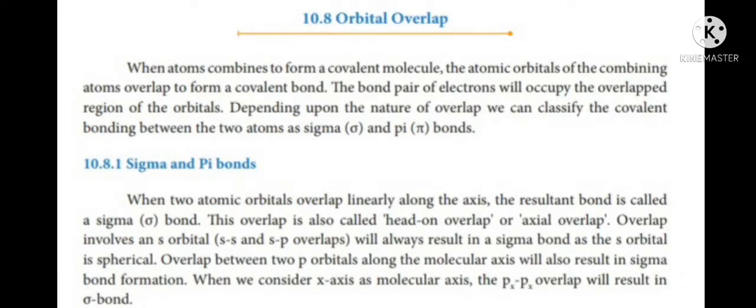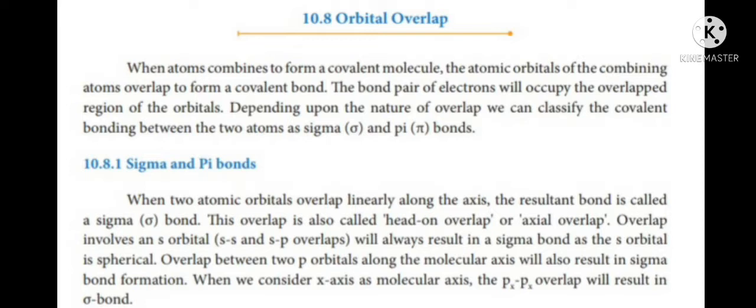Orbital overlap. When atoms combine together, they form a molecule. Hence, the atomic orbitals of the atoms overlap with each other to form a covalent bond. Now, a covalent bond is formed between two atoms in a molecule. We have two atomic orbitals, each containing 1 electron.